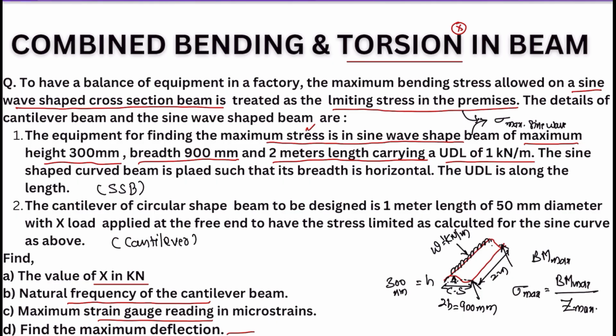The cantilever beam is like this: this is 50 mm dia, this is 1 meter length, and a load X is applied at the end. With the limiting stress we have calculated for the sine wave beam, find out X. What is the maximum load that can be applied on the free end of the cantilever beam? We have to find X in kilonewtons.